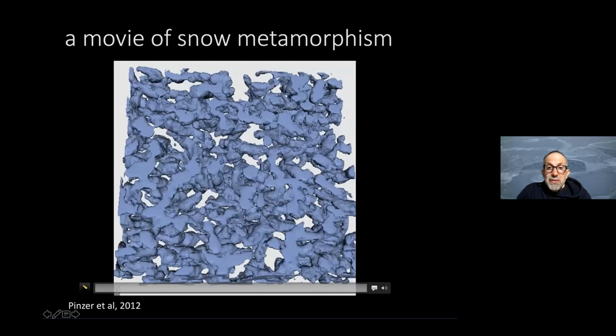As you may have already guessed from the previous images, snow is transforming. It's called metamorphism, because snow is a high temperature material. It has a very high vapor pressure, and as soon as there is a temperature difference, a temperature gradient within the snow, it starts metamorphosing.